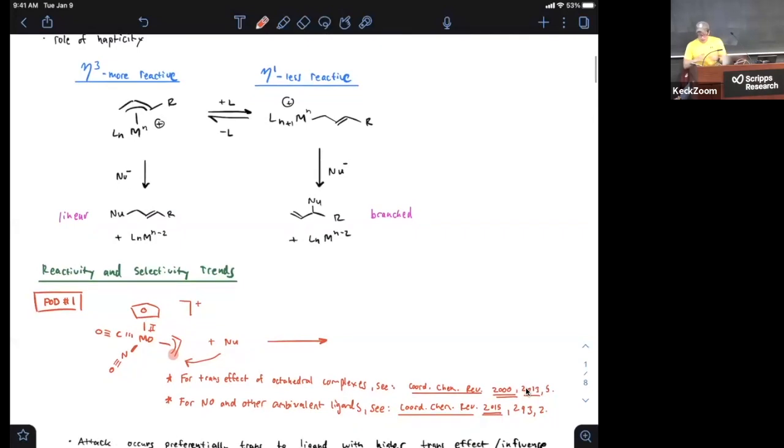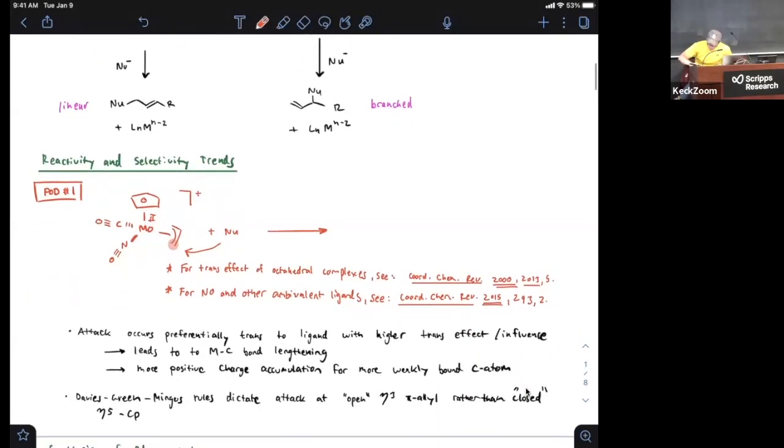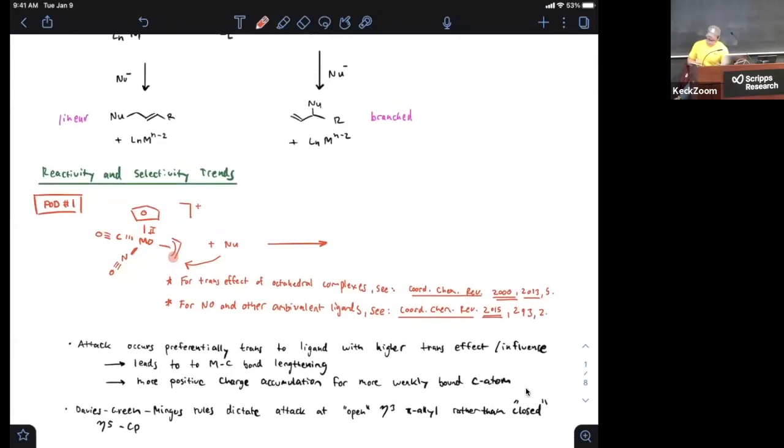So if we superimpose that logic now onto allylic substitution, we would say that if there are 2 inequivalent ligands, the one with a stronger trans effect is going to facilitate attack trans with respect to that. And that's a rule that we'll define here. Why is that? In most cases it's likely a combination of the ground state effect and the transition state effect.